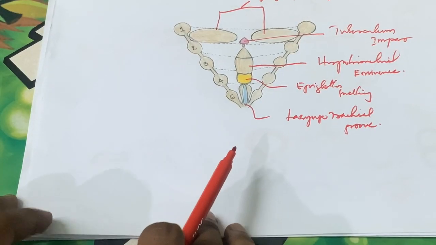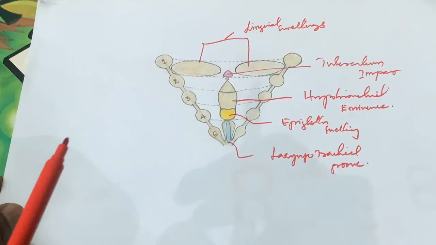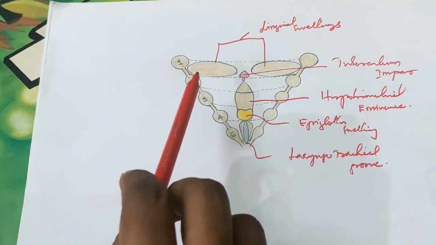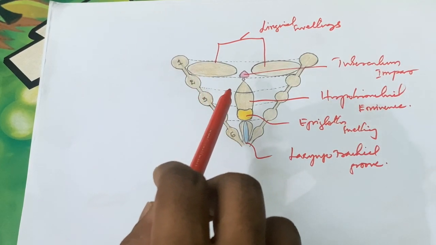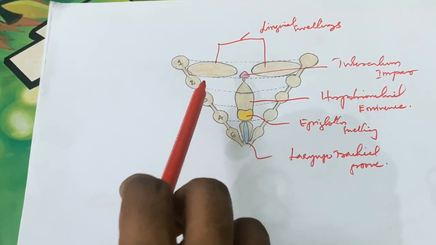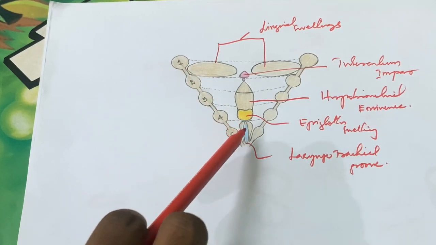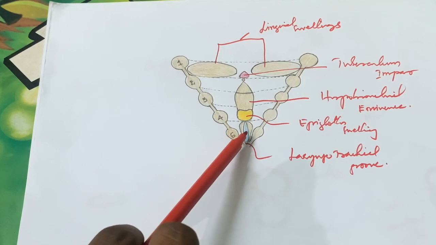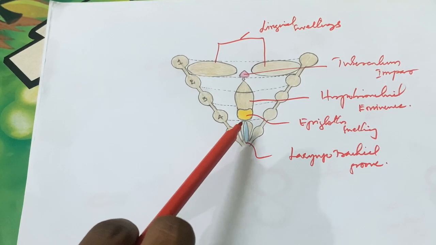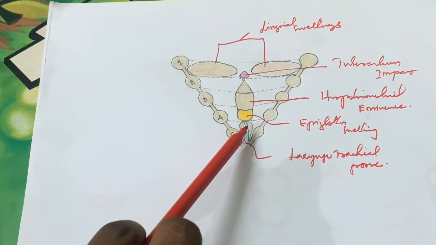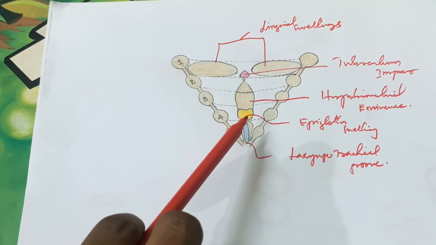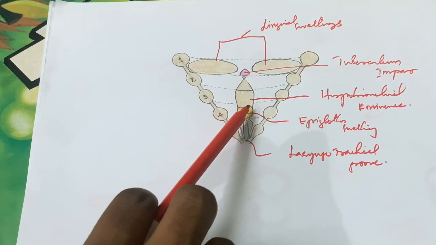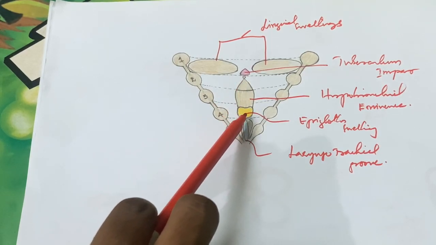Now I hope you all know this picture. These are the pharyngeal arches, which we discussed clearly when I was talking about the development of the tongue. Here, the laryngotracheal or respiratory diverticulum is present just caudal to the hypobronchial eminence. This is the hypobronchial eminence, and this yellow structure is the epiglottic swelling.